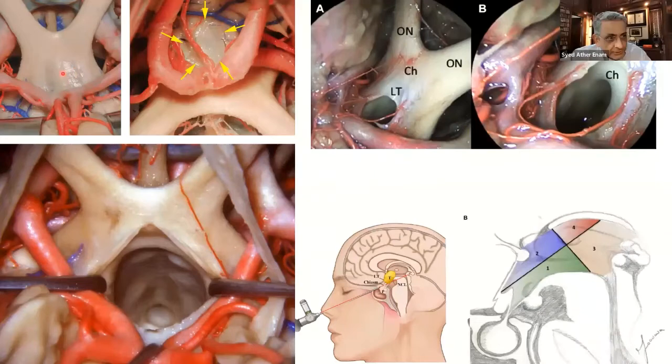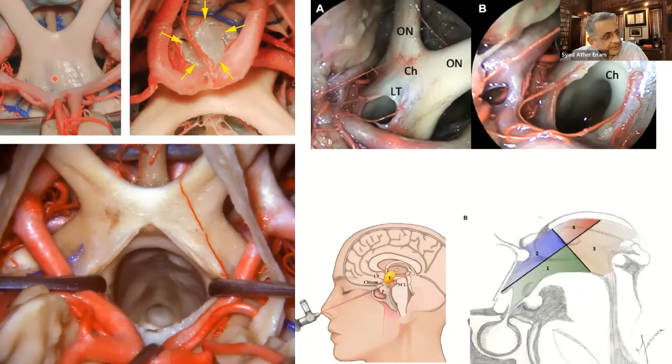Making a hole over here is pretty safe as long as you remember that the anterior communicating artery is right above it, and too much retraction to look into that, if you're not using the endoscopic approach, can damage this connection of A1 and A2. Sometimes there are vessels going down from here also, but usually the supply to the optic chiasm is coming from below. So this is a reasonably safe area.